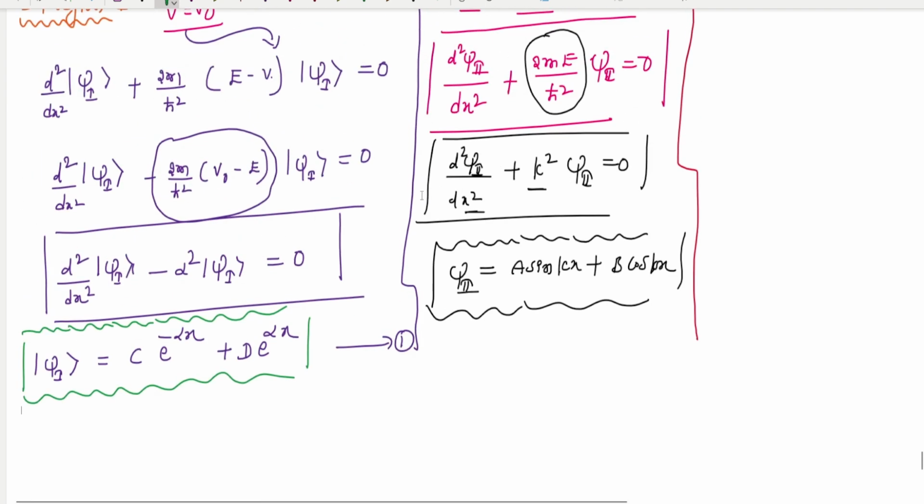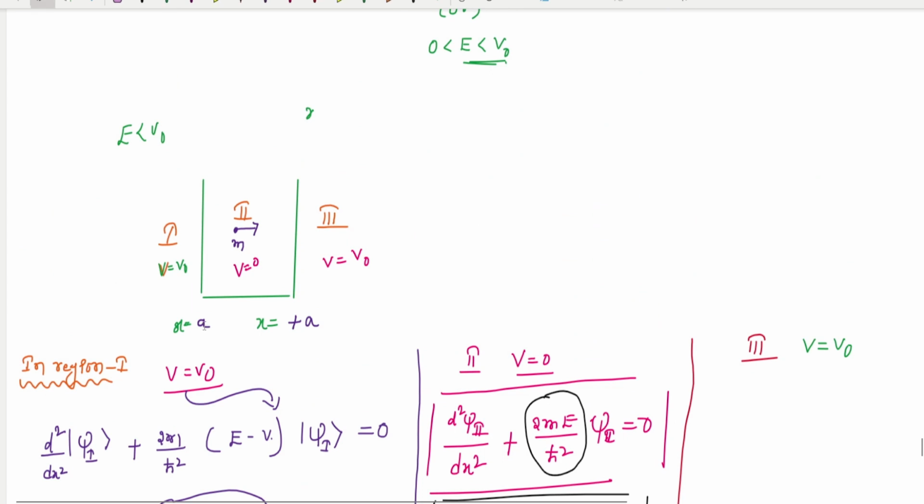So if you try to imagine here, x is equal to minus a. In case the potential energy of this well, I mean this barrier, is minus infinity. In case it tends to go to minus infinity, then we can use that case. If x tends to go to plus infinity, then we can use the plus infinity case. In that case, what is the wave function here? We already discussed the infinite potential well.